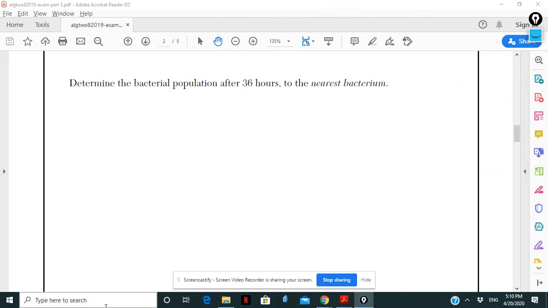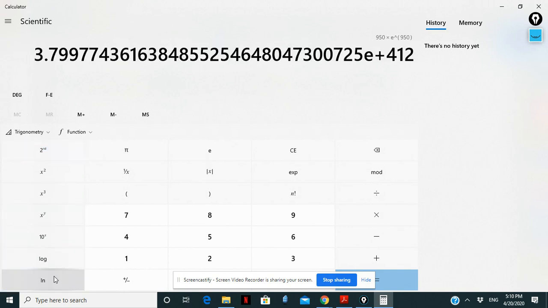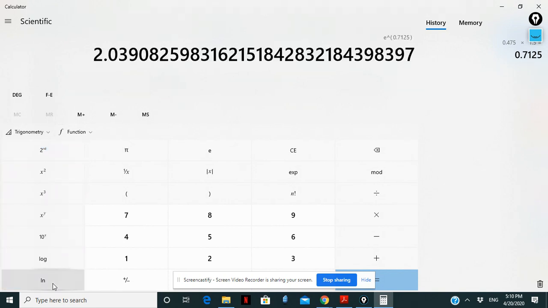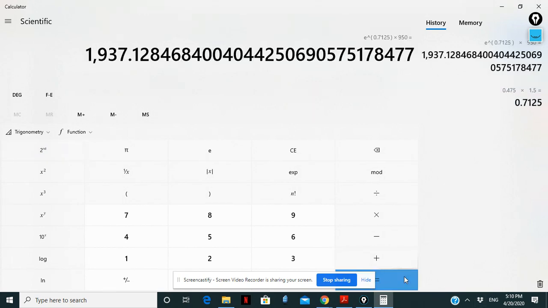Here it is, 950 times e to the power of 0.0475 times 1.5, which is about 2.05 times 950, equal to 1937.